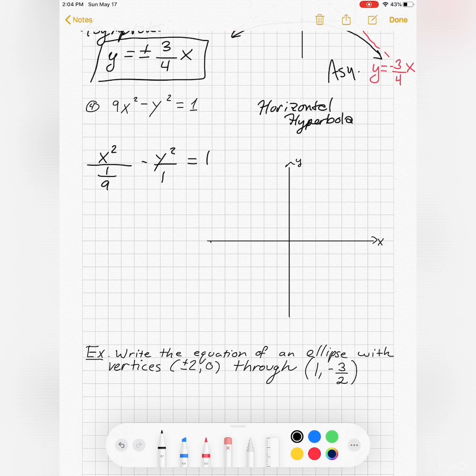Okay, and I can tell you the x-intercepts. Let's see. The square roots of a 9th, the thirds. No y-intercepts. So then I guess I'll scale this in thirds.